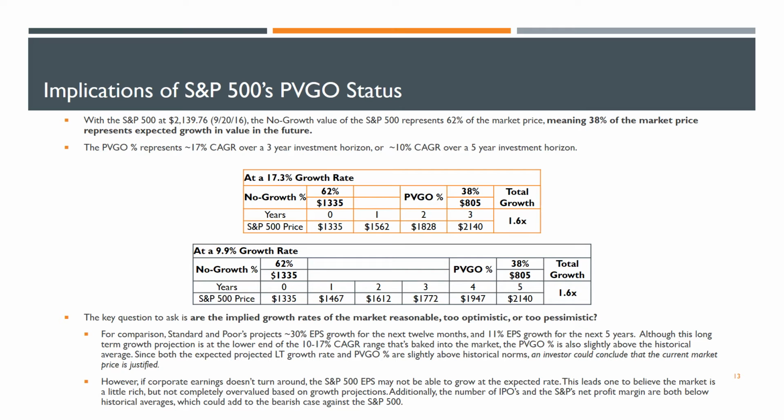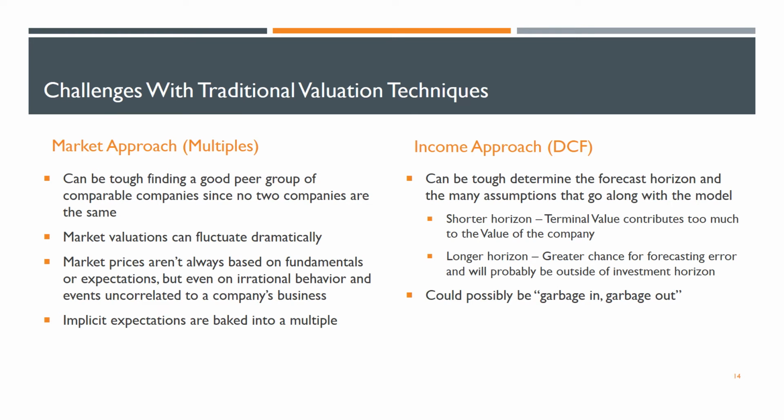This is just one of the ways you can evaluate the market, additional to looking at historical PEs, historical growth rates, your traditional analysis. Speaking of traditional analysis, let's talk about them. So you got two typical approaches that's mainly used.